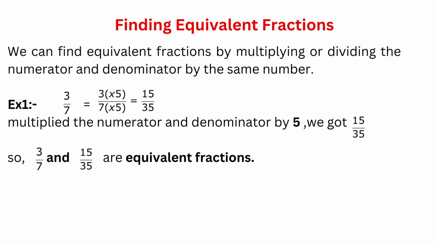So here 3 into 5 by 7 into 5. 3 into 5 is equal to 15. 7 into 5 is equal to 35. We got the fraction 15 by 35. 3 by 7 and 15 by 35 represent the same value. So multiplying the numerator and denominator by 5, we got 15 by 35. So 3 by 7 and 15 by 35 are equivalent fractions.